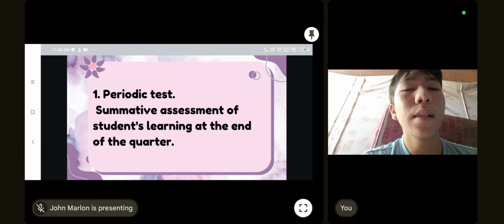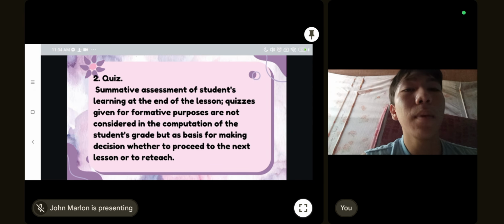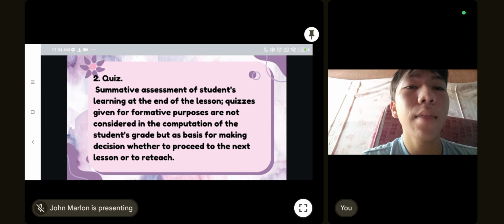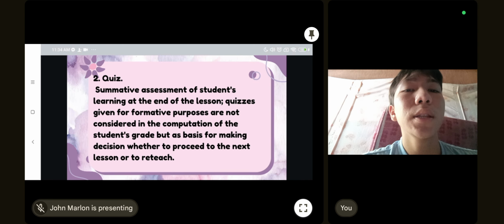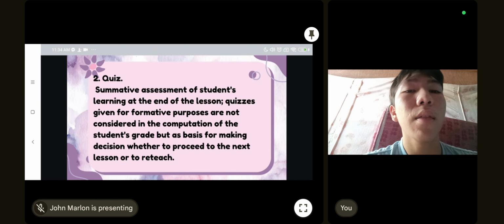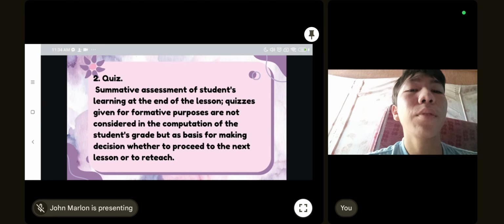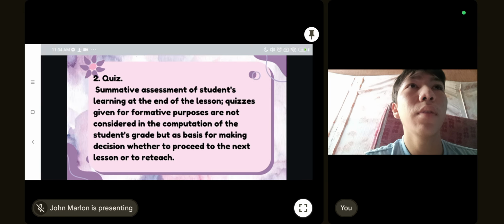The second one is the quizzes. It is a summative assessment of the students' learning at the end of the lessons. Quizzes given for formative purposes are not considered in the computation of the student's grade but serve as a basis for making a decision whether to proceed to the next lesson or to reteach. As a teacher, you have to monitor the class to see if the students are catching up.